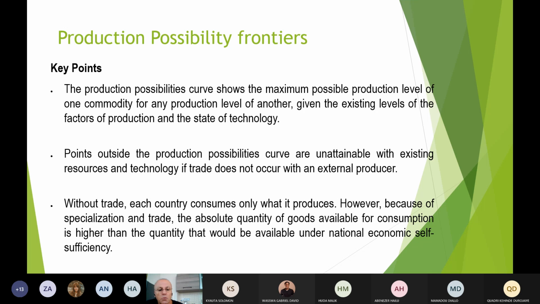Therefore, we are trying to enlarge and increase this capacity to become more self-sufficient and more independent. As much as your production and resources reduce and you are not able to produce and consume internally, you will become more dependent on external factors and other nations. This is not good for the economy.